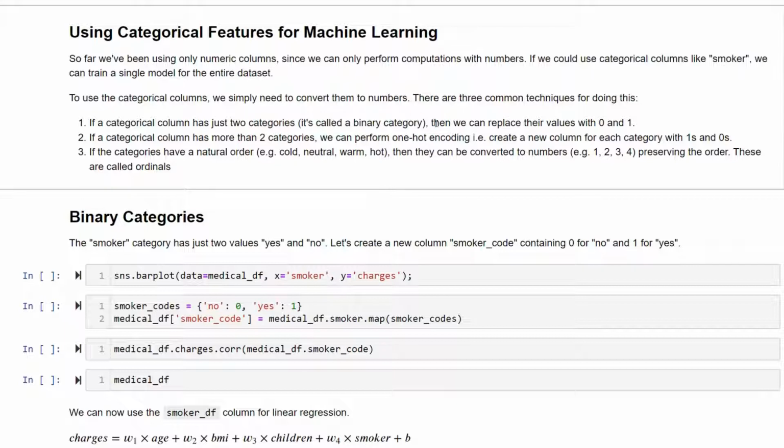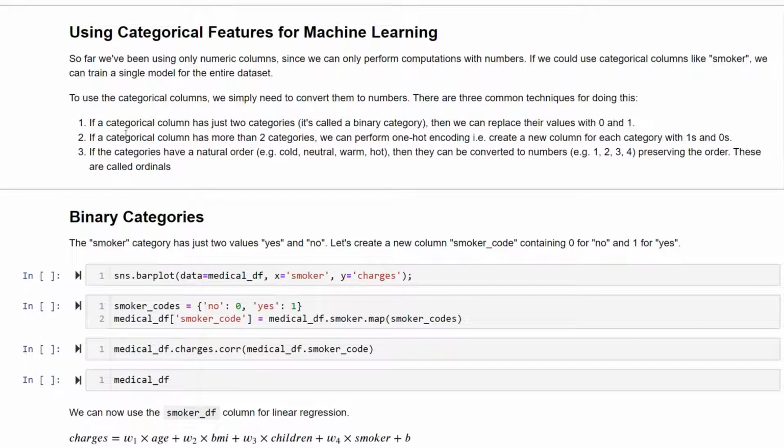If a categorical column consists of only two categories, it is called a binary category. Then we can replace the values with zeros and ones. Suppose we take the example of gender, which usually contains male and female. That is a binary category, so we can replace male with 0 and female with 1.